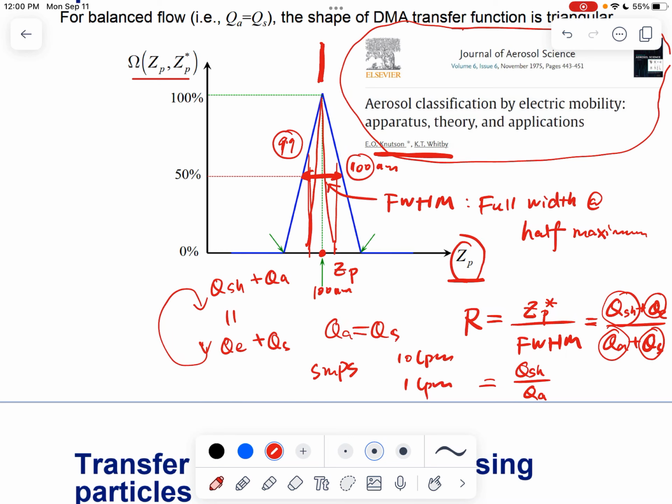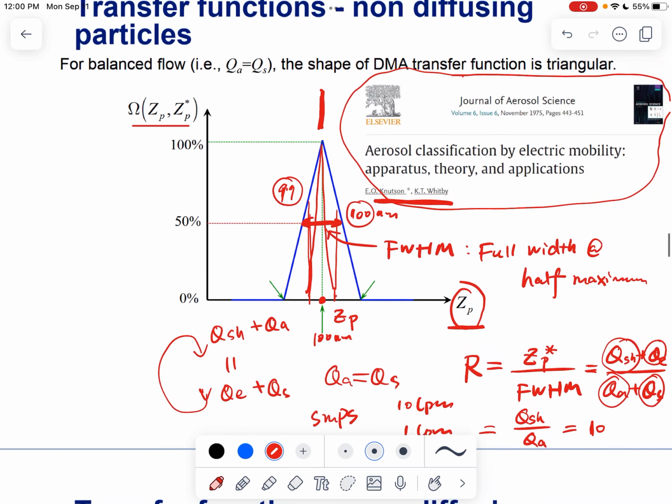For the common SMPS systems that we use, we normally use a sheath flow of 10 liters per minute and an aerosol flow of 1 liter per minute, which means that the resolution for the transfer function is going to be 10.